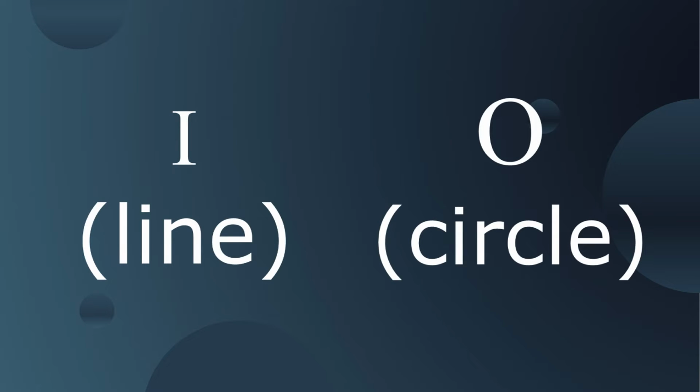Now, binary does the same thing, but because we only have two symbols to work with, line and circle, we have to throw on a new number much sooner than when we count with 0 to 9.